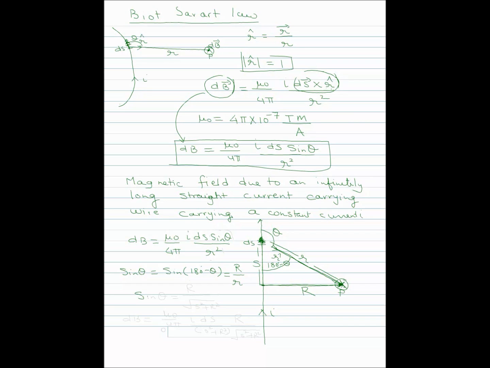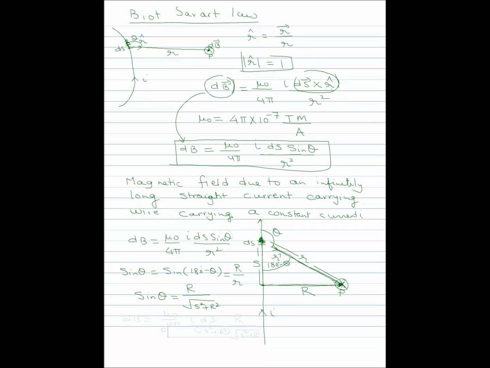In other words, sin θ will be r divided by the square root of s² plus r², because from this right angle triangle, you can write this little r in terms of s and r.